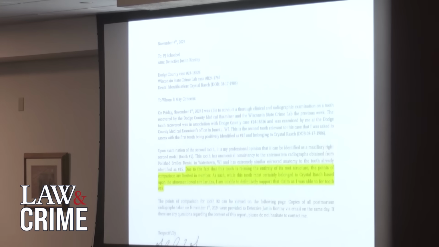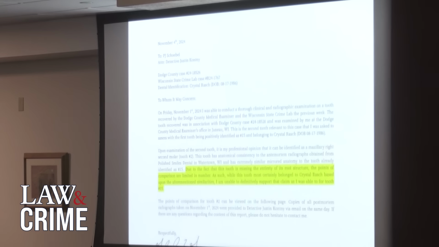That being said, there were still enough points of anatomy on the remaining occlusal portion that I was able to comfortably line up anatomical features from the antemortem radiographs. Did you use the same dental records that you had received from March of 2023 from the Watertown Polished Smiles Dental Clinic? Yes.